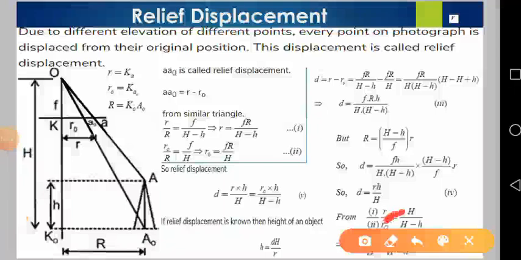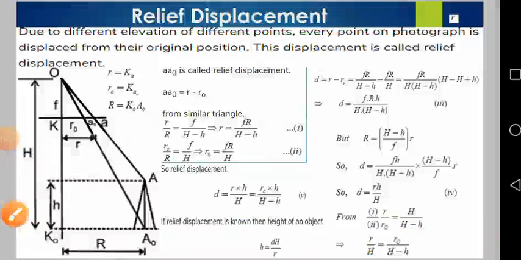H we have to shift to the left hand side, so it comes in the denominator. So R by H is equal to R naught going into the numerator on the right hand side, so R naught divided by H minus H is obtained.